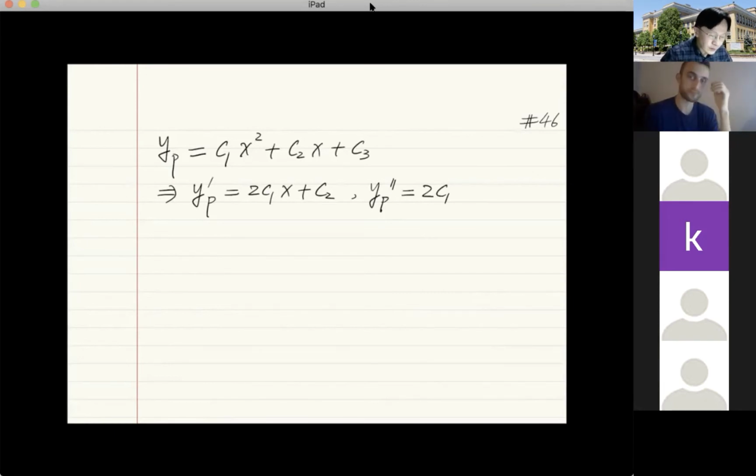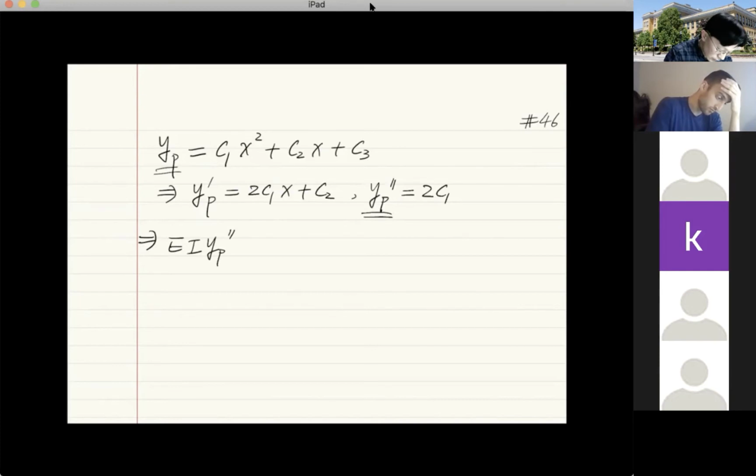Then, how do you find the coefficients C1, C2, and C3? From differential equation, you just plug the expressions of yP and yP double prime into the governing equation. Considering only the particular solution, yP double prime plus K squared yP equals what? You substitute the expression and plug it in.